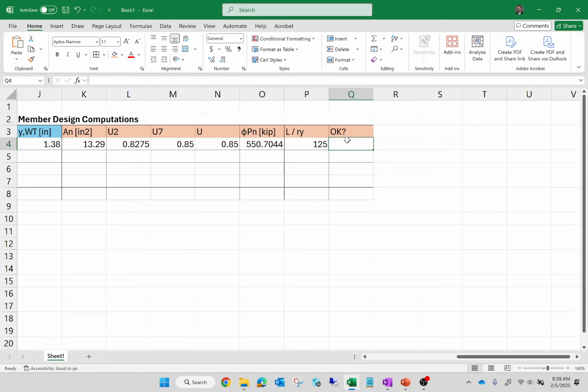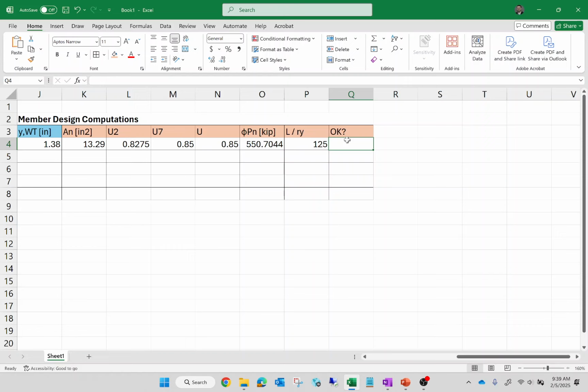Let's watch this over here. So, if. Okay. So, let's just sort of pay attention to what's going on in here, and let's see if we can come up with an Excel formula to check whether or not the section's okay. You said two things have to be true, right? So, I'm going to use what's called the AND function.